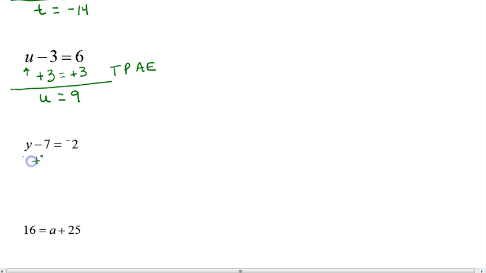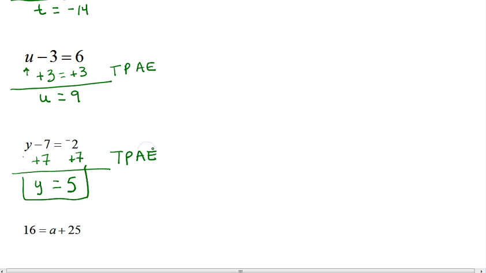The inverse of that would be adding 7. I need to do it to both sides. Opposites, so I'm left with y equals 5. That's my solution. Which one did I use? Well, I added to both sides, so I used the transformation principle of addition for equality.